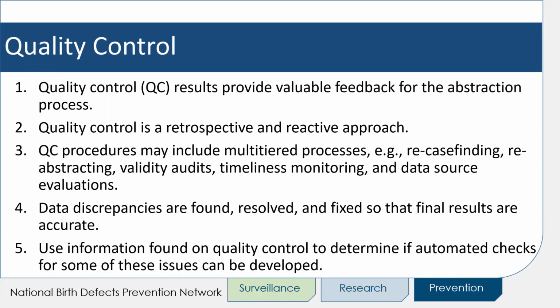Use information found during QC analyses to determine if automated checks for some of these issues can be developed. QC identifies gaps in training. For example, if all abstractors fill in a field incorrectly, it is a gap of training and education which can be addressed.